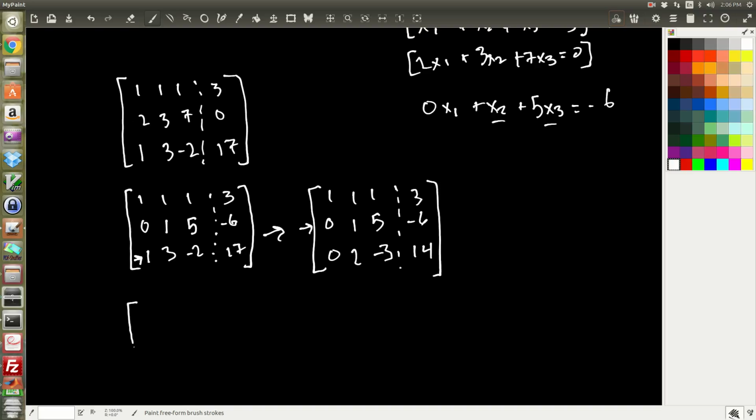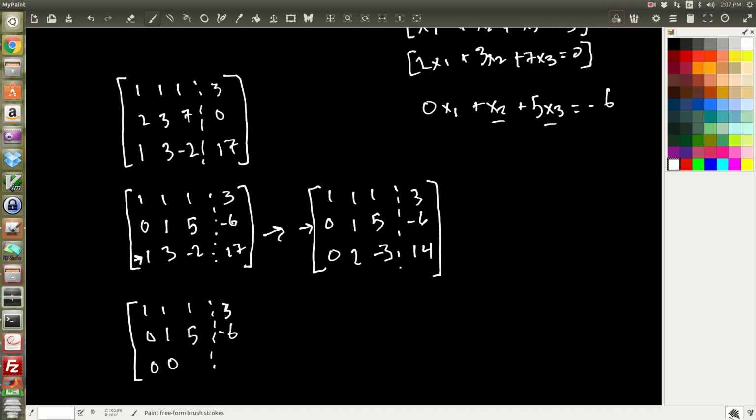So if I do that, here again I'm going to have 1, 1, 1, 3, and 0, 1, 5, minus 6. Now if I multiply this by minus 2, I'm going to get minus 2, minus 10, positive 12, and add it to the third row, and I get 0, 0.